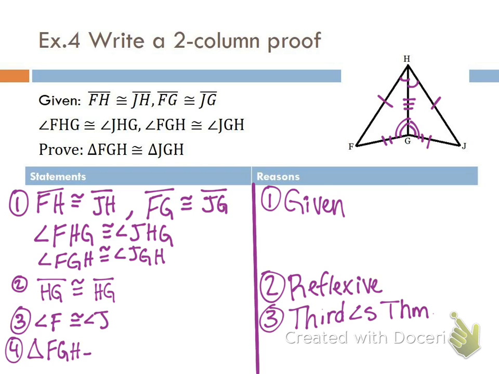Triangle FGH is congruent to triangle JGH. Anybody think they know the reason for that?